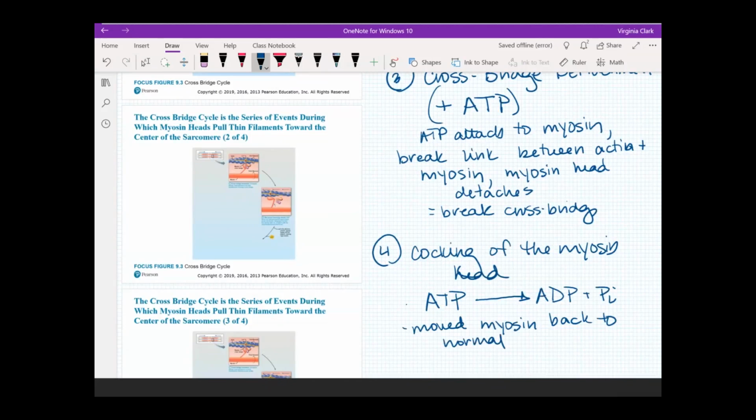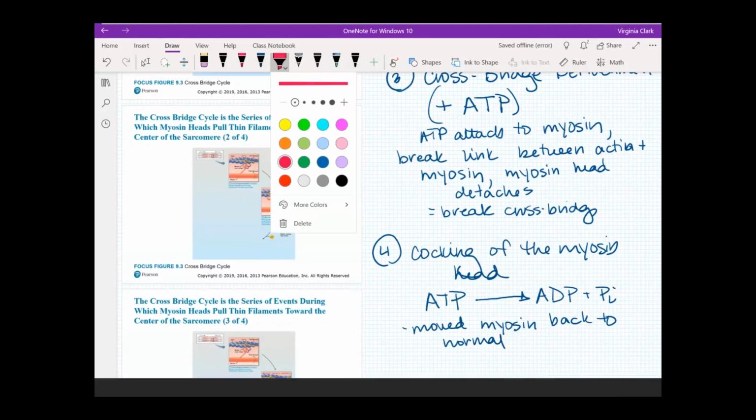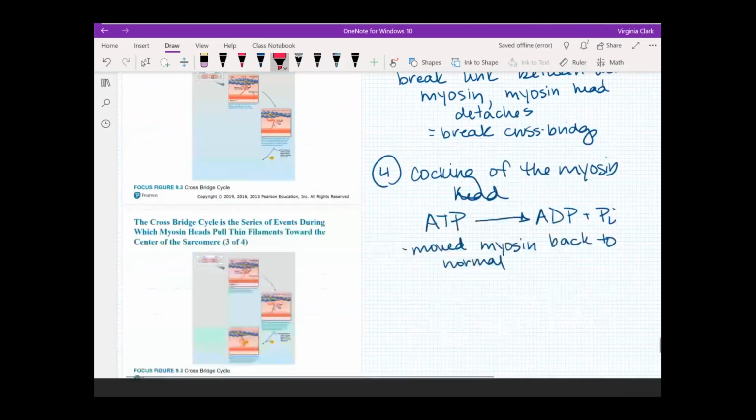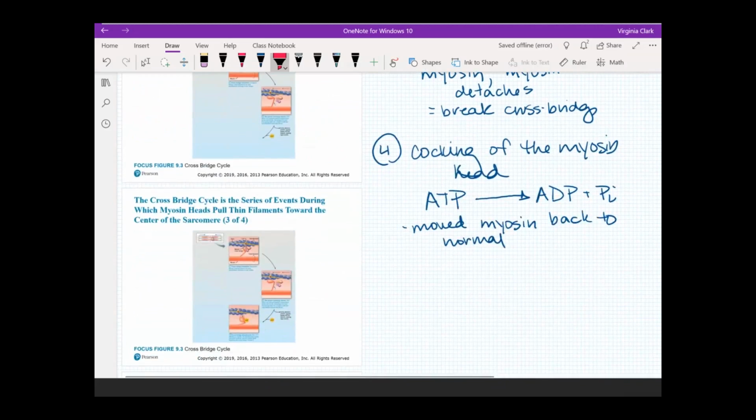So we will go from where we were bent a little earlier in step 2, where our heads were like this. So here's our myosin head. We will now go back and put them back at that 90-degree angle, and we're going to do it like this. So that is what is happening with this step, but we're doing it with ATP hydrolyzing.